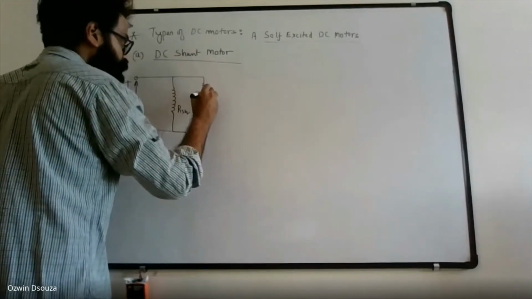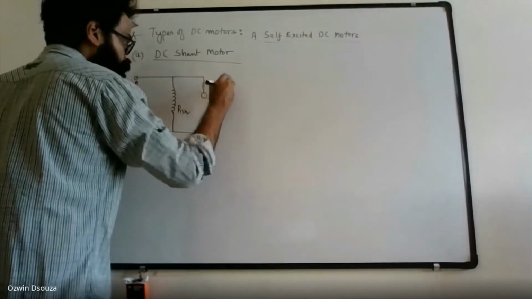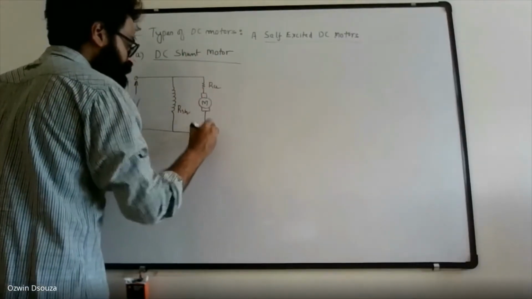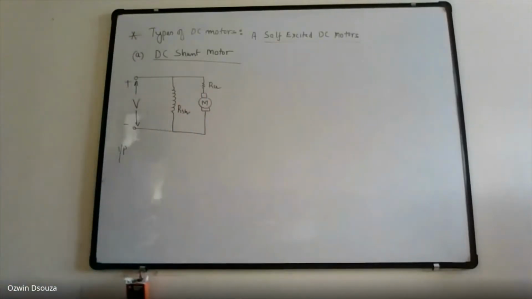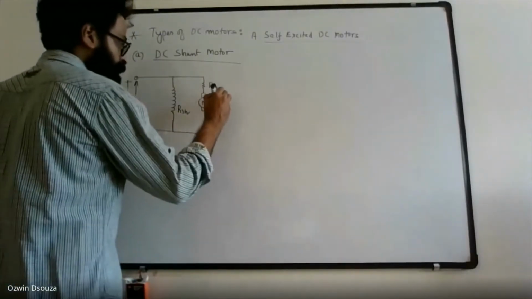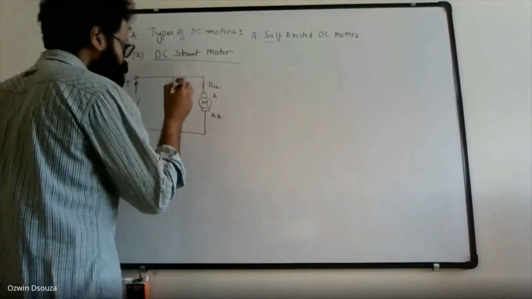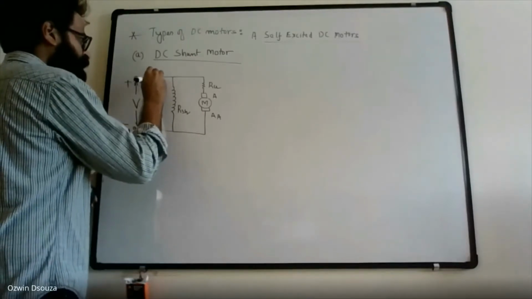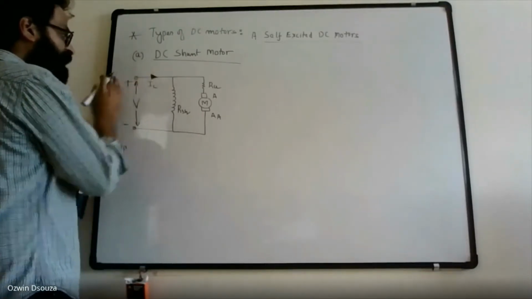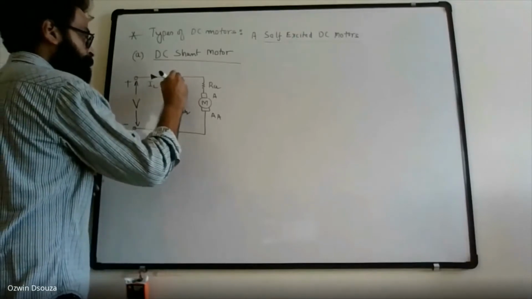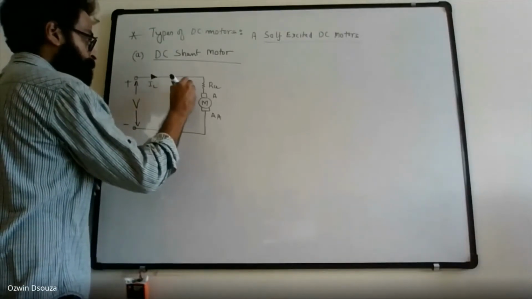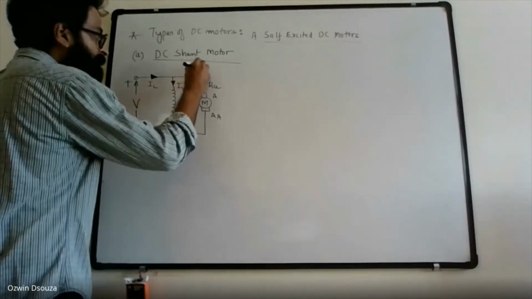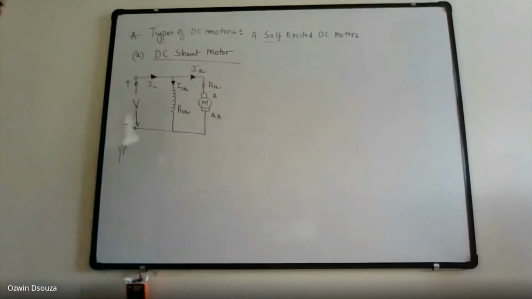The armature consists of the armature resistance Ra, and M, because we are talking about motor operation, with a pair of brushes. Then the currents: IL being the line current, Ish the field current, and Ia the armature current.